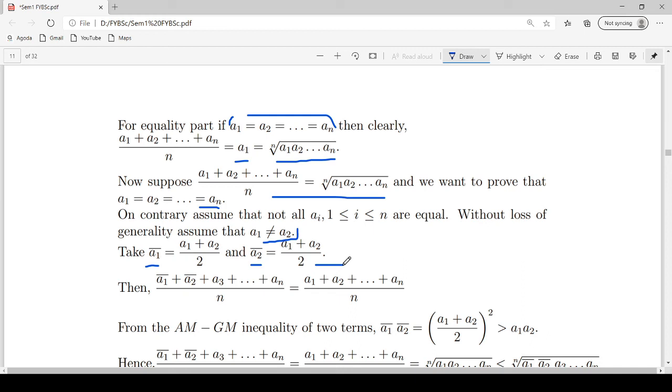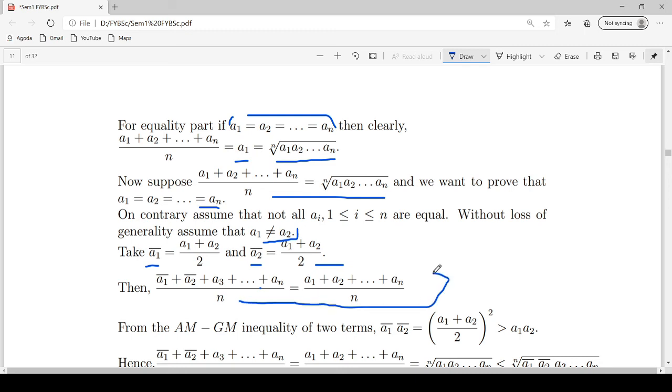Therefore you have the addition of a1 bar and a2 bar equal to the addition of a1 and a2. Therefore you can say (a1 bar + a2 bar + a3 + a4 up to an) divided by n is equal to (a1 + a2 + a3 + an) upon n.